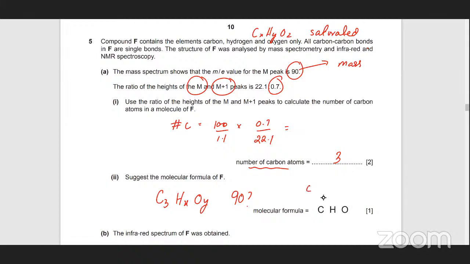So all of them are single bonds. पहले तो 3 carbon atoms निकाल लो. If you take out 3 carbon atoms, that's मतलब 90 आना चाहिए, ठीक है? So we're going to figure out what's happening here. But sir, in this case, aren't only the carbon-carbon bonds single bonds, so can't we still have like a C double bond O?